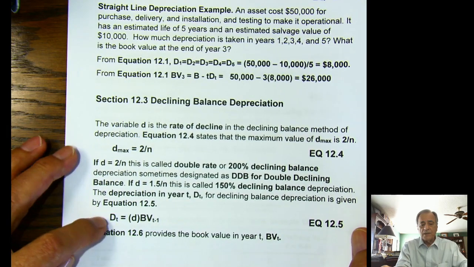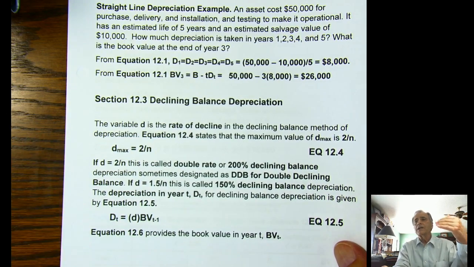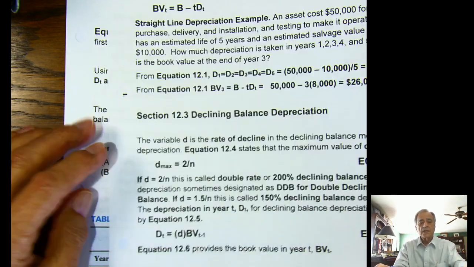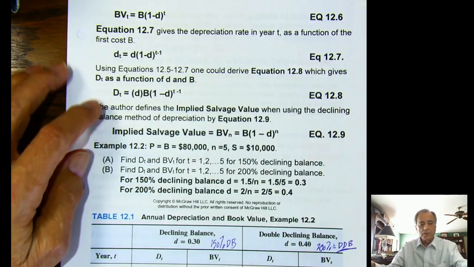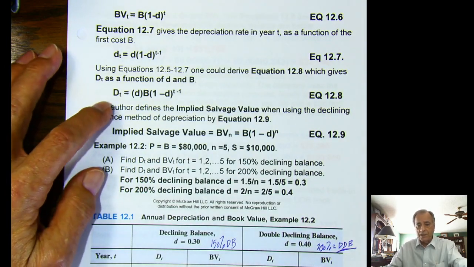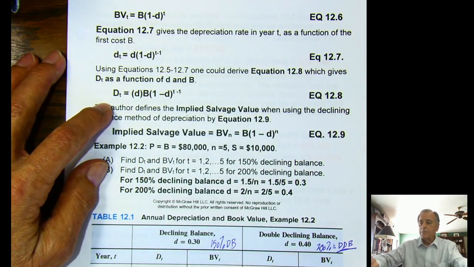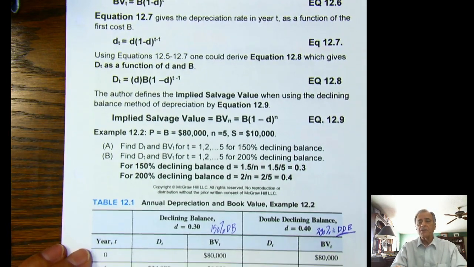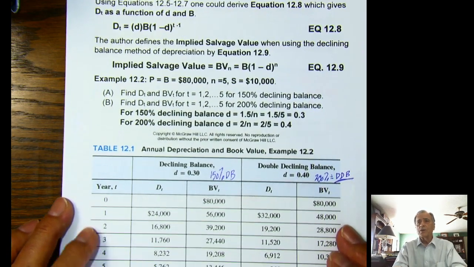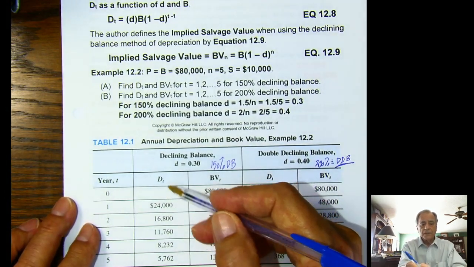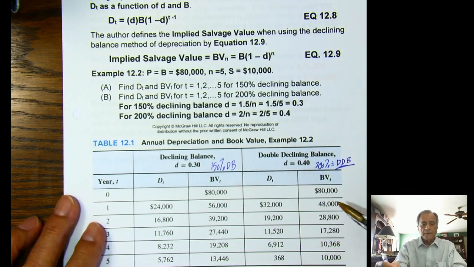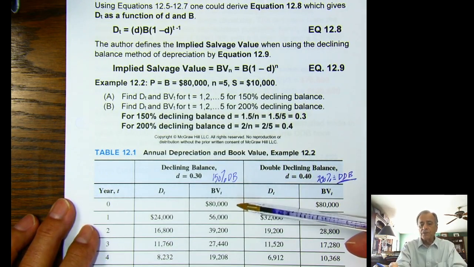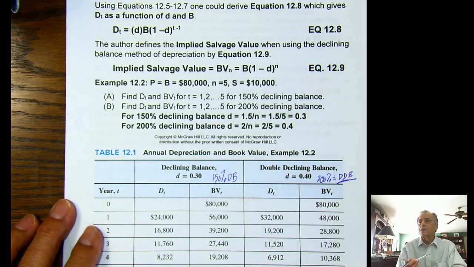Now, we use equation 12.5 if we're going to get it for every year. But if we're only going to get it for one of the years under a declining balance, then we would use equation 12.8. But for this one, since we're going to generate a table and get the depreciation for every year, we're using equation 12.5 for the depreciation column. And for the book value column, we're just going to take the previous book value and subtract the depreciation to get the new book value.